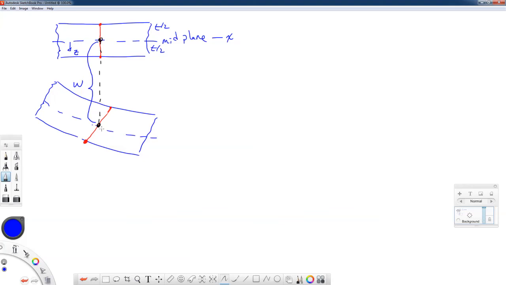Now along the plate, if we take a small bit of distance in the x direction, we get a small bit of displacement here.